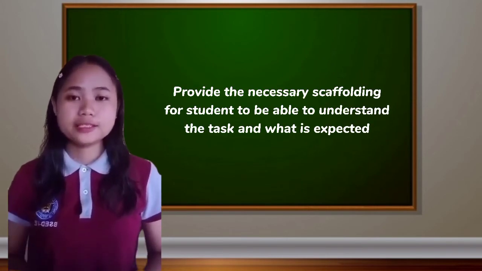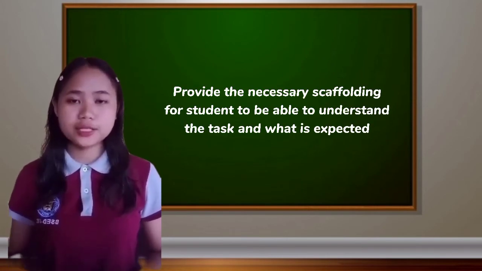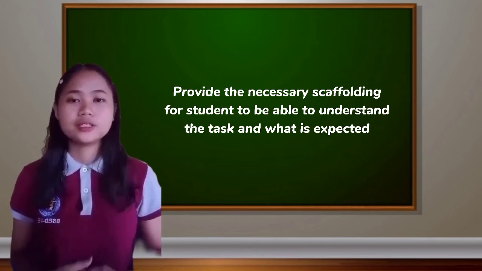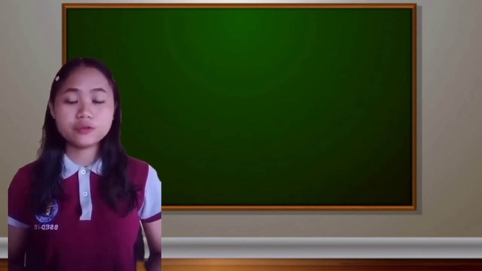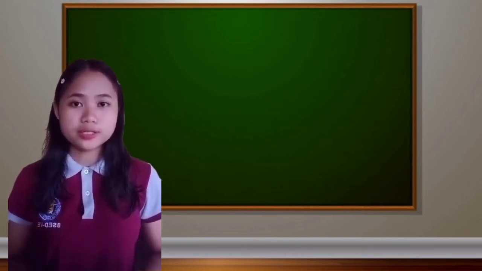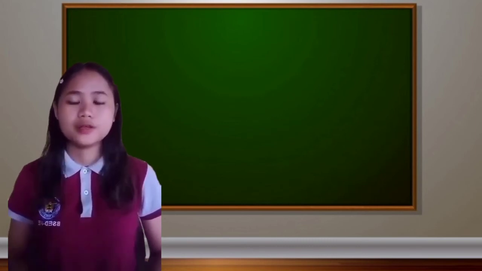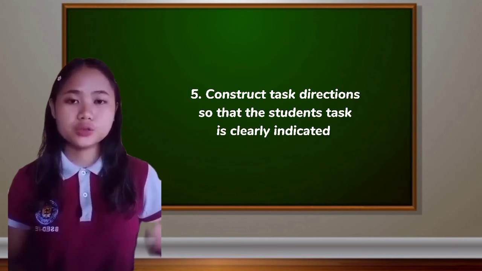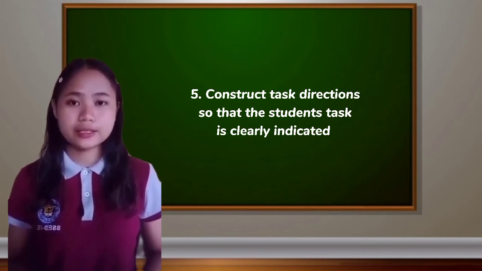Fourth, provide the necessary scaffolding for a student to be able to understand the task and what is expected. Challenging tasks often involve ambiguities and require students to experiment, gather information, formulate hypotheses, and evaluate their own progress in solving a problem. Fifth, construct task directions so that a student's task is clearly indicated.